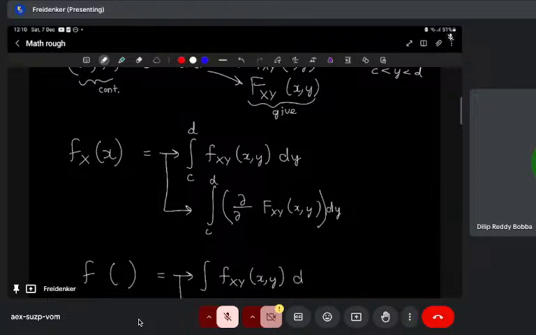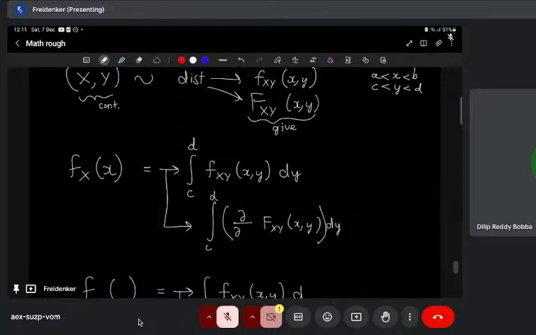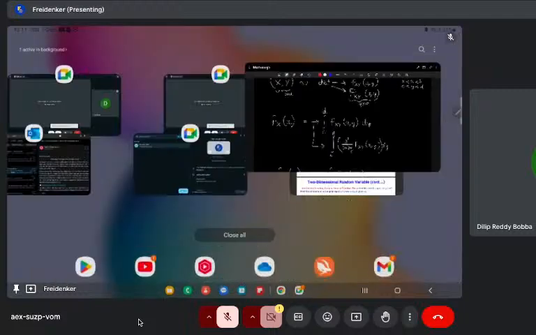You want the PDF of x. Okay. Got it. So here what you're supposed to do is you're supposed to do this. Yes, so I'll show you. Let's see. I think you're supposed to do that.